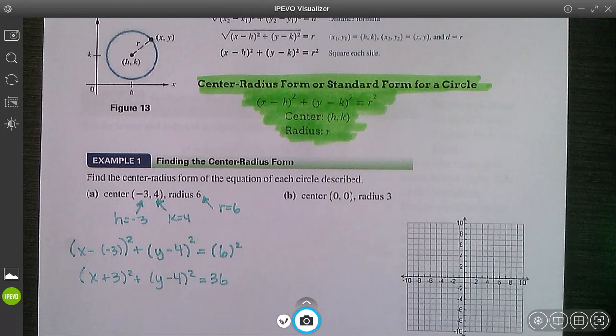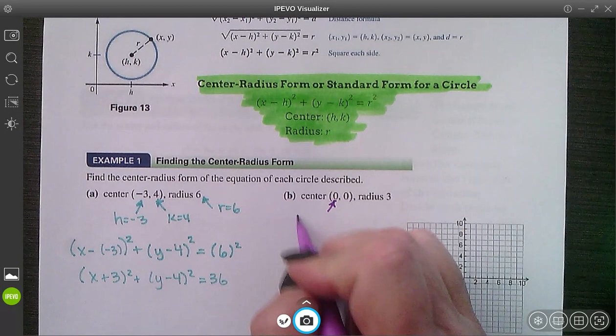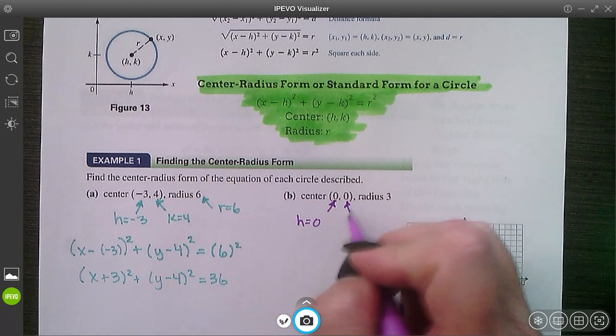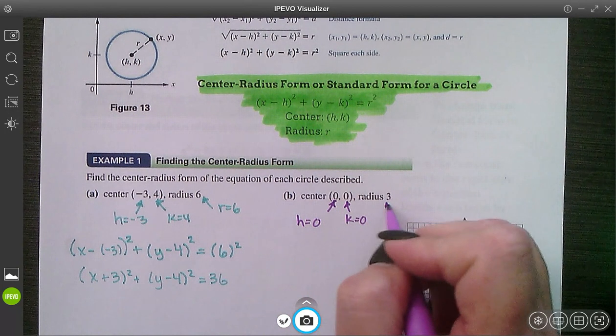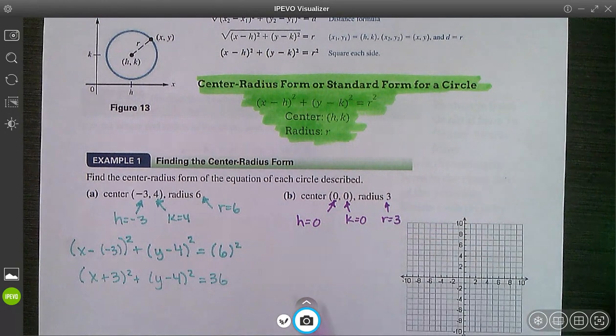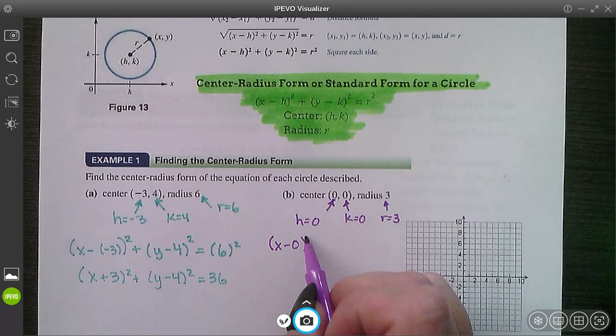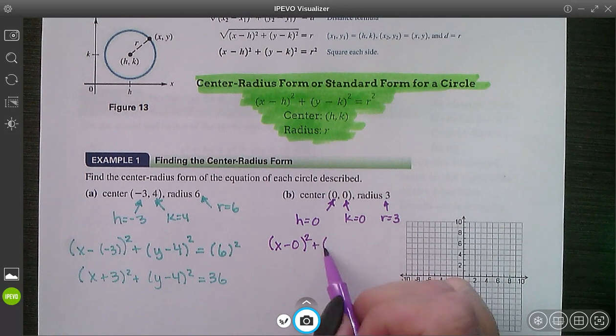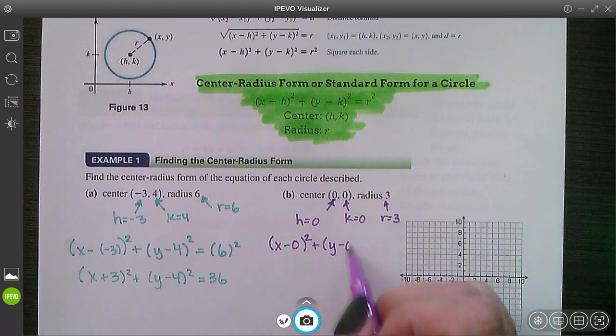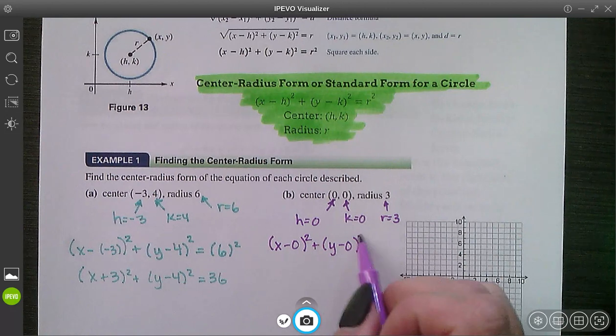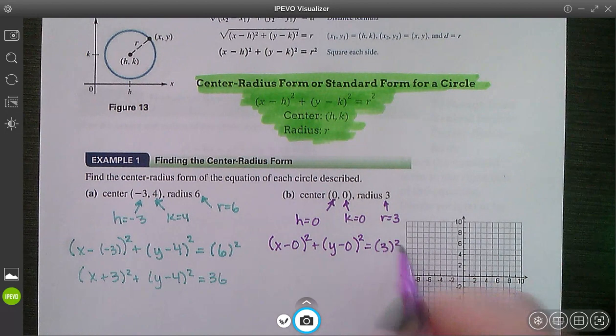Then on the other one, on B, they gave us a center at (0, 0) and a radius of 3. So in this case, h is 0 and k is 0, r is 3. So I'll do (x minus h), which is (x minus 0) squared, plus another parenthesis (y minus k), but k is 0, so (y minus 0) squared equals 3 squared.